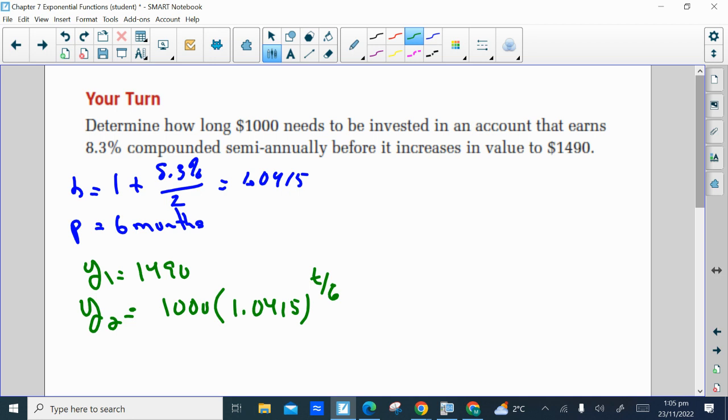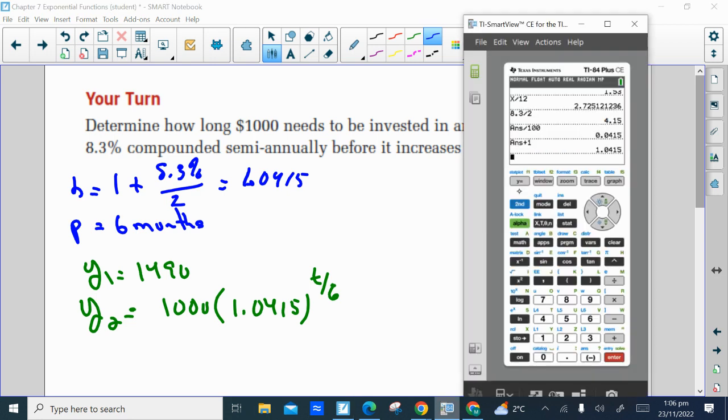B is the growth rate, which we found is 4.15% per semi-annual. Write it as a decimal, and then you have to add 1 to it because the amount that you have is 100% every semi-annual period. You'll have 100% of what you started with, which is what the 1 represents, plus 0.0415 more.